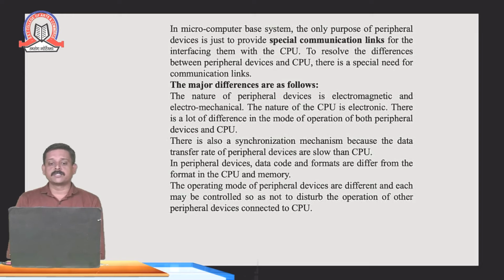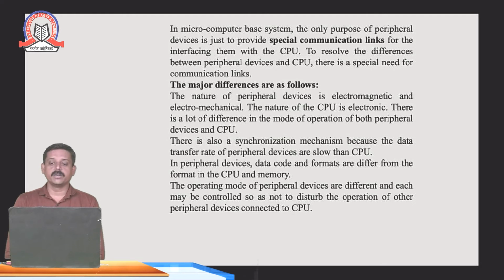As we have discussed earlier, in a microprocessor based system, the purpose of peripheral devices is to provide special communication links for interfacing them with the CPU. To resolve the differences between peripheral devices and the CPU, there is a special need for communication links.